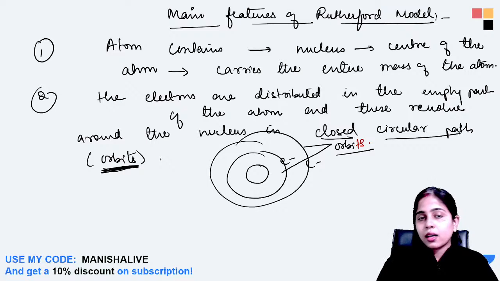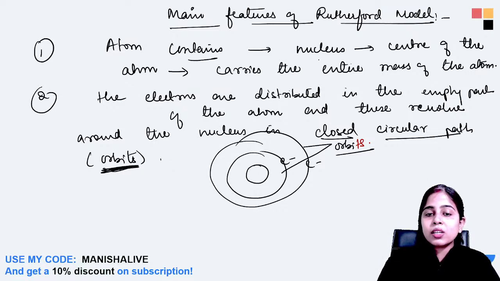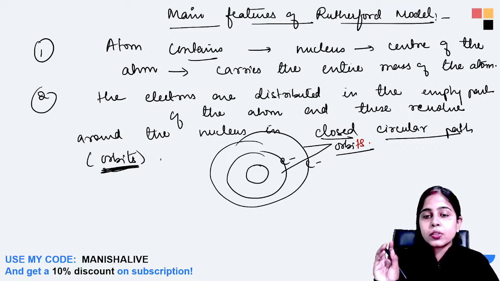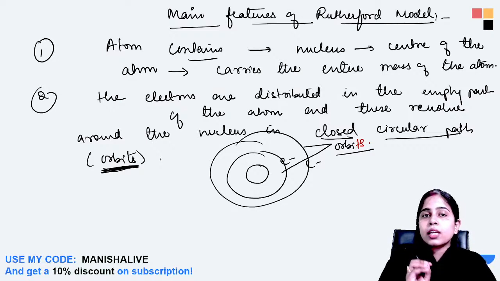Now the atom contains the nucleus at the center. There is a positively charged mass at the center of the atom, that is known as the nucleus. This is responsible for carrying the entire mass of the atom, meaning the entire mass of the atom was concentrated in the nucleus itself.